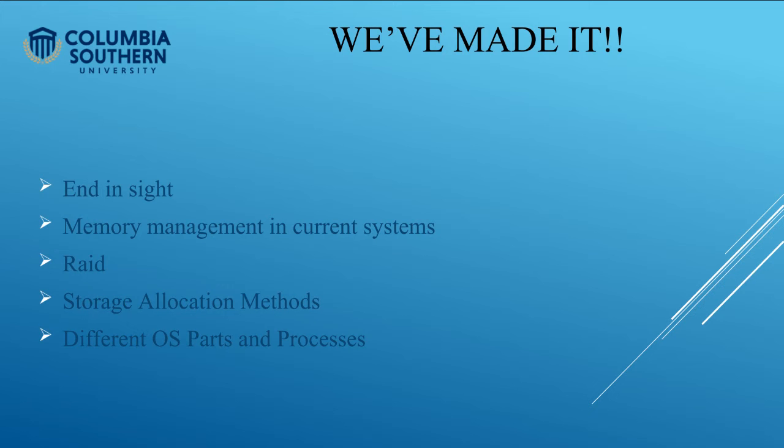We looked at operating system parts and processes. We looked at the 5 main tasks of an operating system and what all areas of the operating system are involved in each of these tasks. The tasks are process management, memory management, file system management, device management, and network management and security.